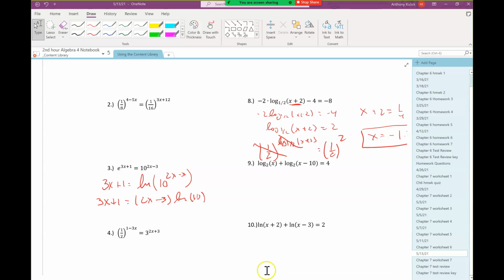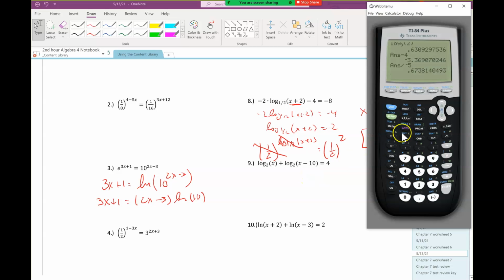And then the natural log of 10 is just a decimal, right? That's just a number. So for instance, the natural log of 10 is about 2.303.